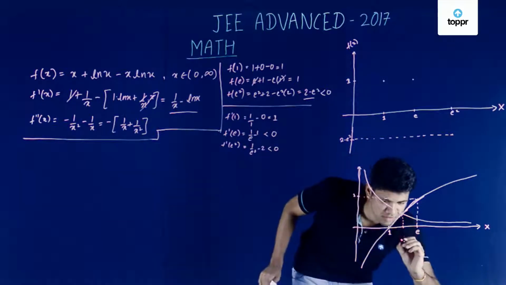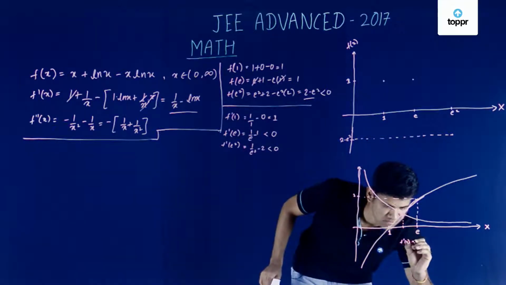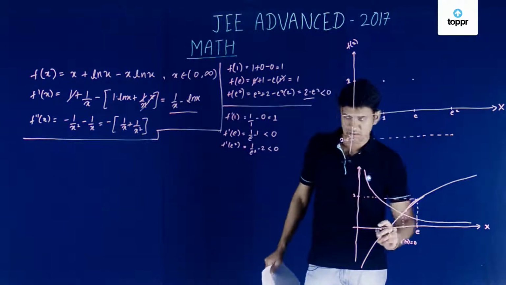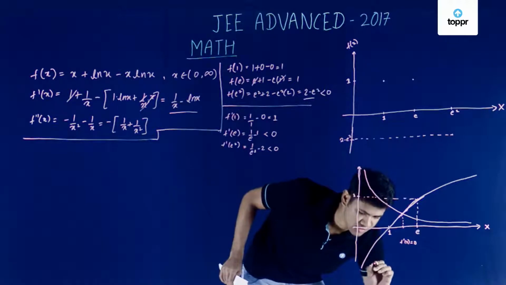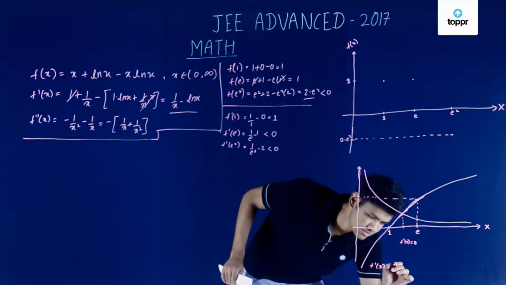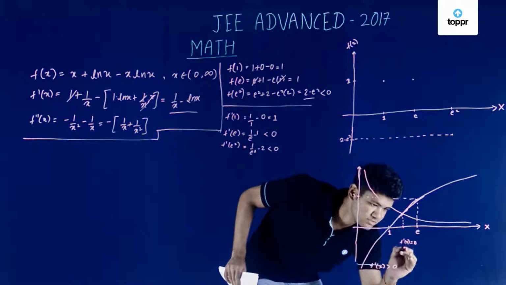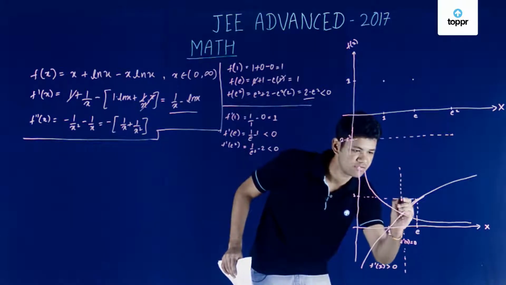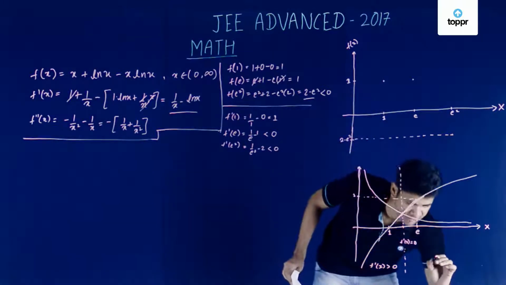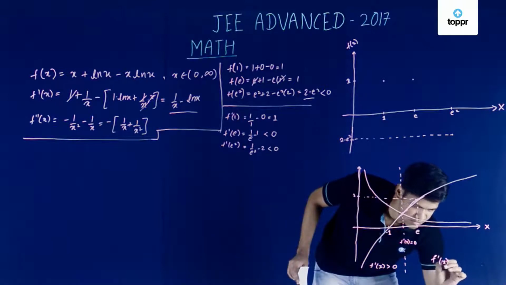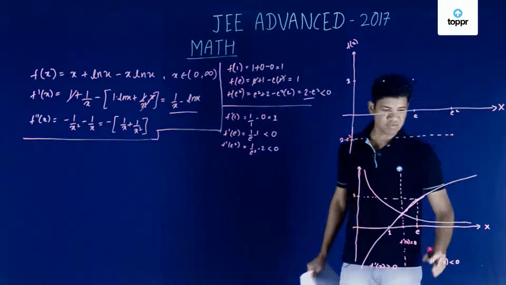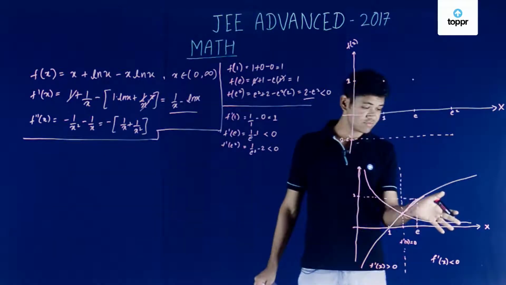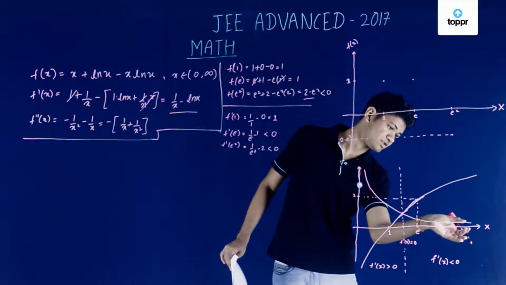Somewhere around here, f'(x) will be 0, and f'(x) will be greater than 0 for all of these points on this side of the graph, and f'(x) will be less than 0 for all of these points, because it is very clear that ln x in this portion of the graph is much greater than 1/x. 1/x is just this much, and ln x is this much.